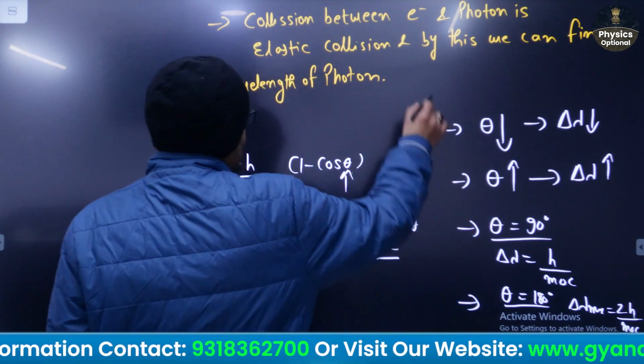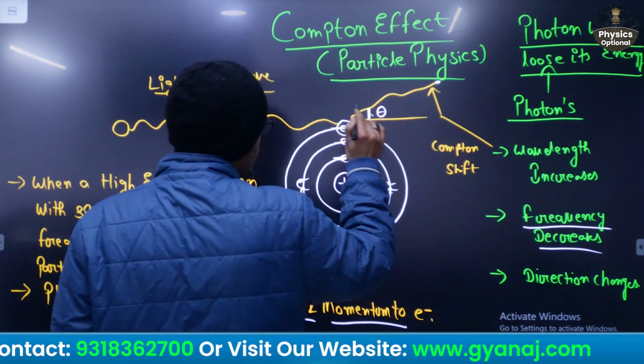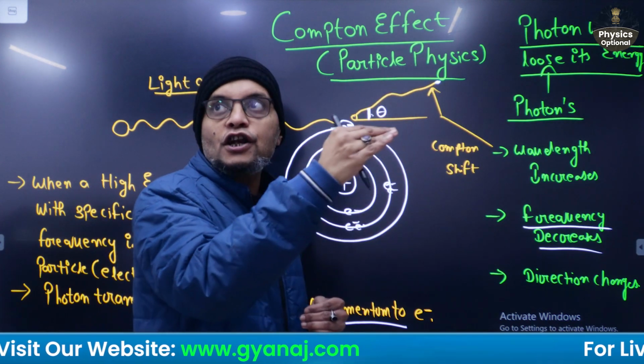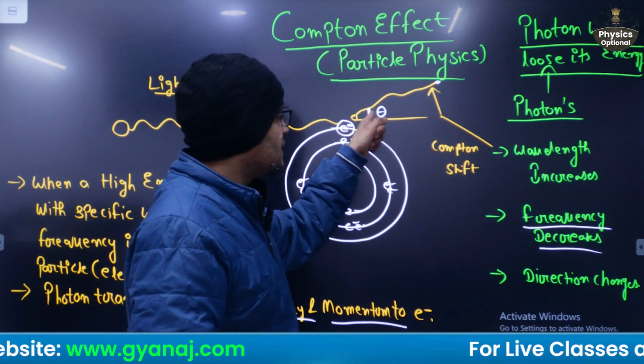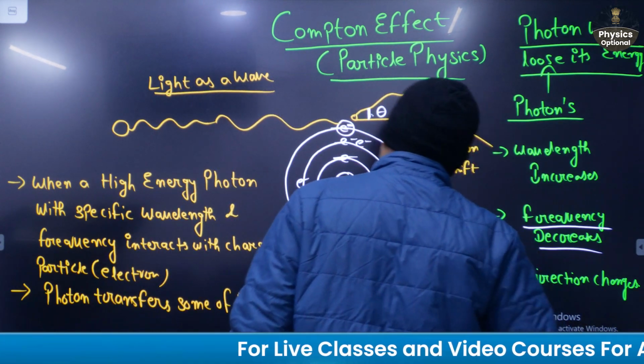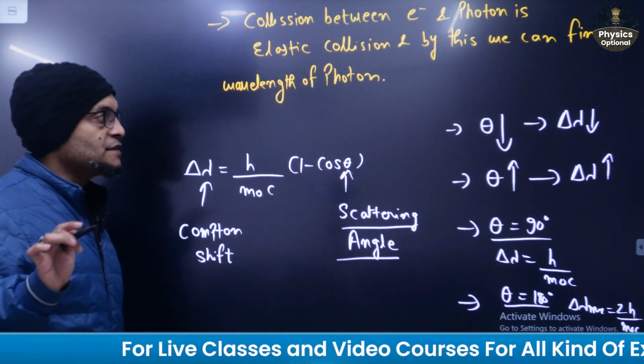See, I have made this theta here. This theta, the angle by which the direction of the photon has changed, is known as the scattering angle, okay? So 1 minus cos theta.